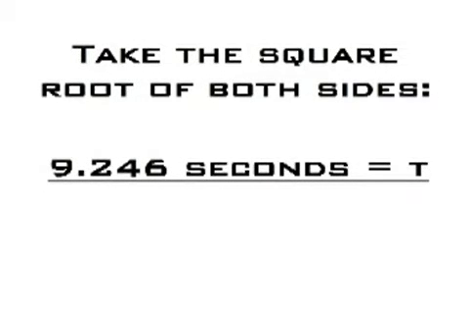In the final step, we take the square root of both sides of the equation, giving us 9.246 seconds equals time, thereby giving us the precise amount of time it would take an object in complete freefall to hit the ground from the top of the North Tower of the World Trade Center.